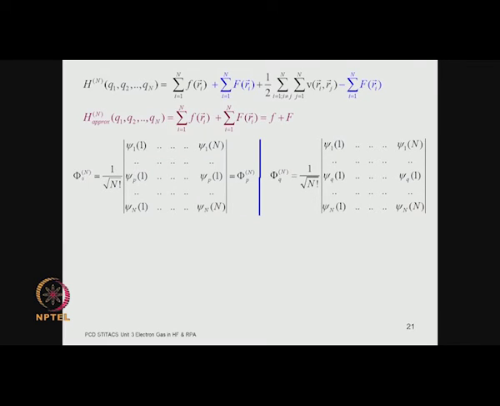Now, you have to remember that what I write as little f is actually a sum of all these f. So, I have not used a different symbol for that.